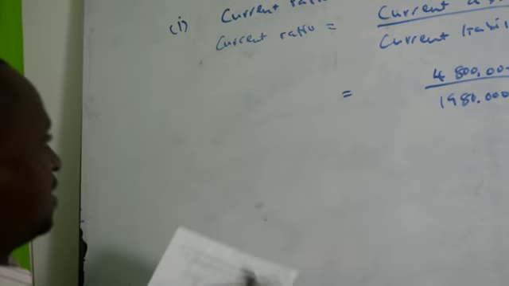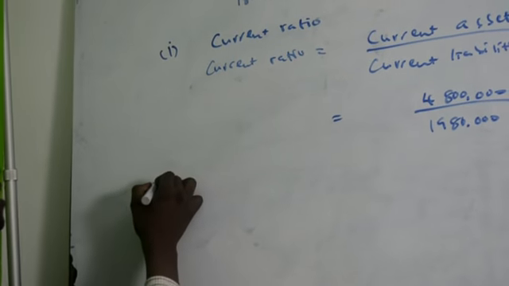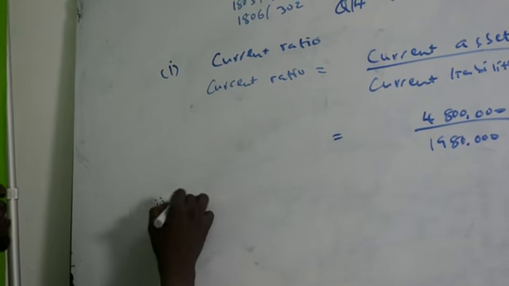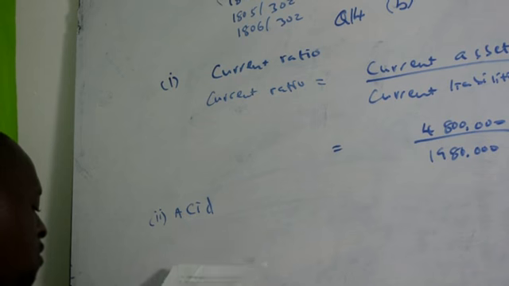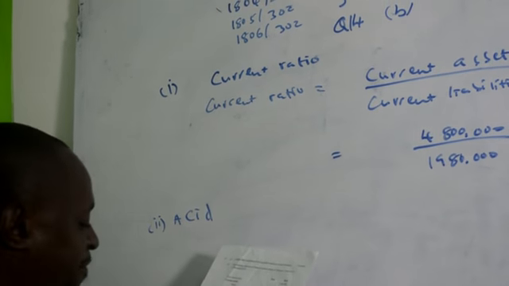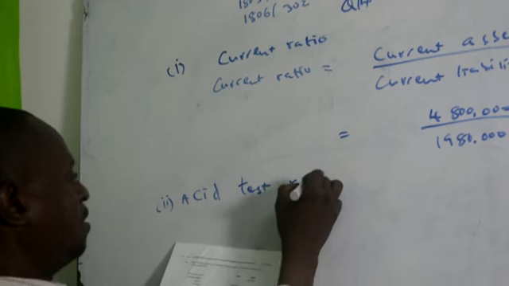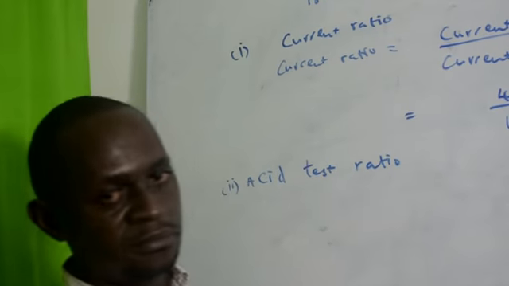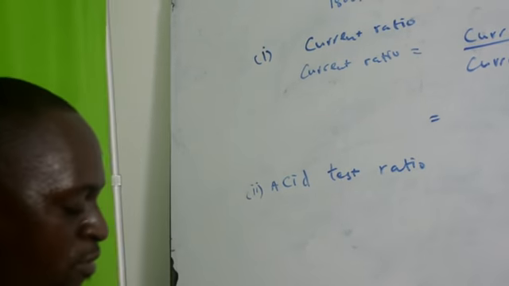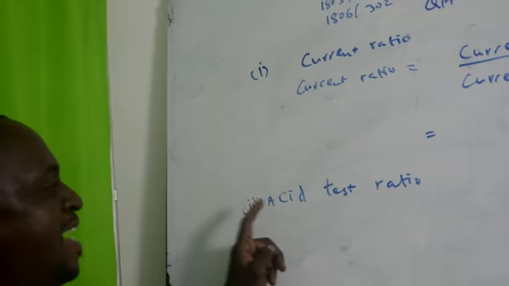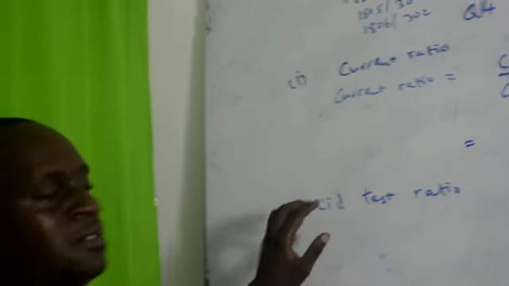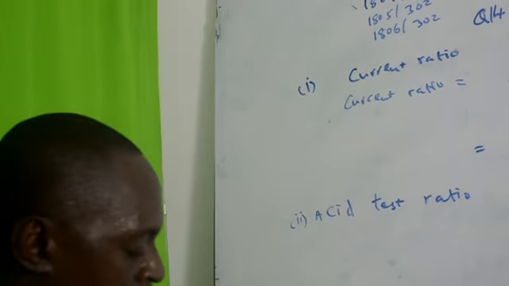Next, we have acid test ratio. Now you see that in this paper, the examiner has used this term, which I told you some few minutes ago, that sometimes the examiner may use another term. Here is a case where he has decided to use acid test ratio instead of quick ratio.